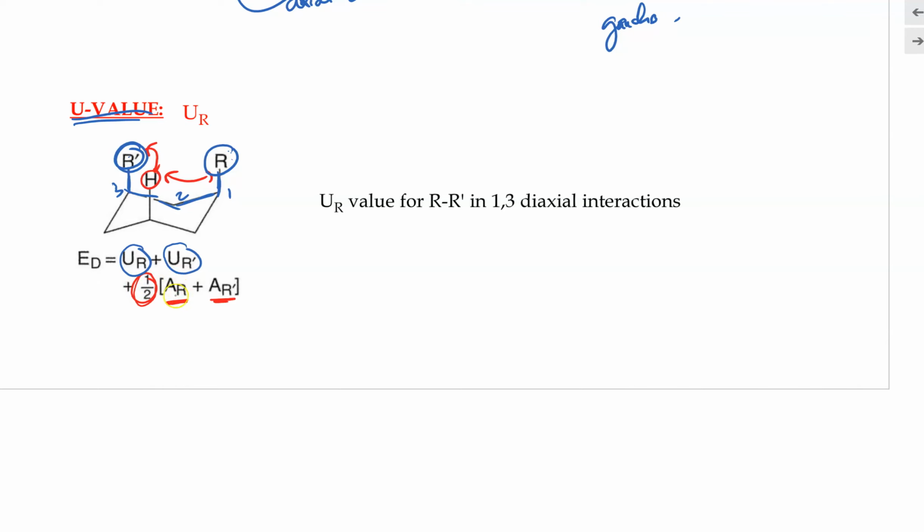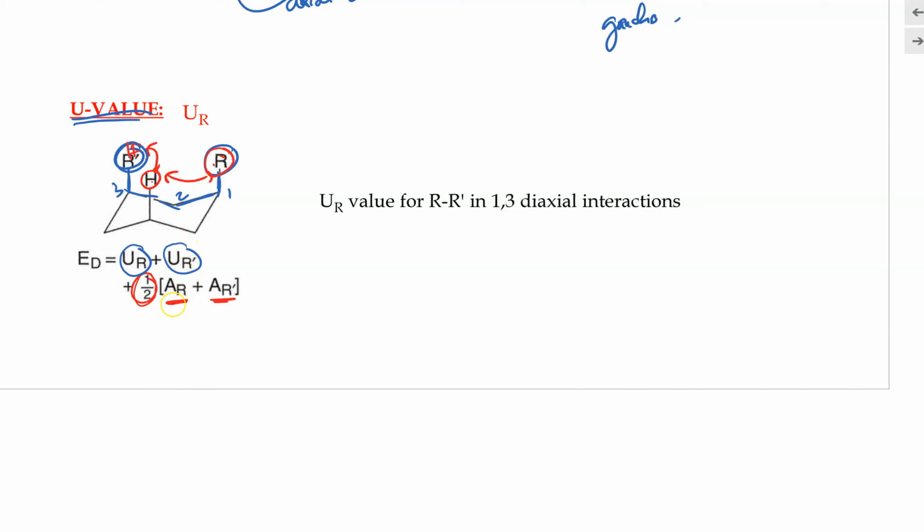When we are given an A value, it corresponds to the R group interacting with two hydrogens. So the A value describes the interaction between this group and both of these hydrogens. But in this case, because there is only one hydrogen, we have to multiply this by 1/2, because we have only one of that interaction.